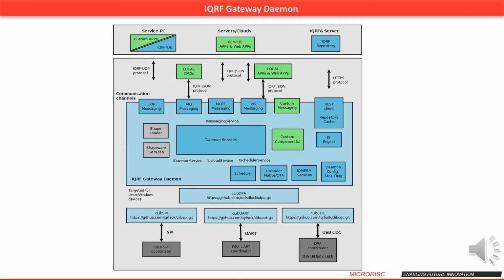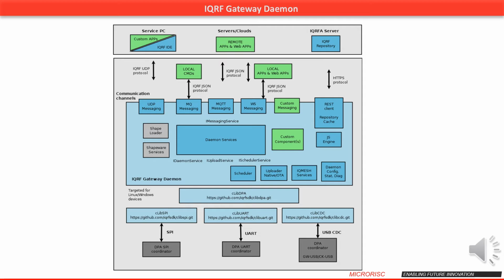But there is much more if we go a little deeper. Important components of Iqrf Daemon include the scheduler, uploader, and Iqmesh Services. The scheduler will allow you to set up periodic reads of the Iqrf network, so sensor data is regularly sent to the cloud through MQTT, as is common in most systems.